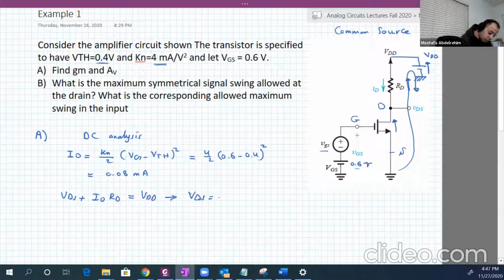It will be equal to 0.4 volt. Let's compare it with VGS minus V threshold. So VGS minus V threshold is equal to 0.6 minus 0.4, it's 0.2. And of course, 0.4 is larger than 0.2, so it's really saturation.